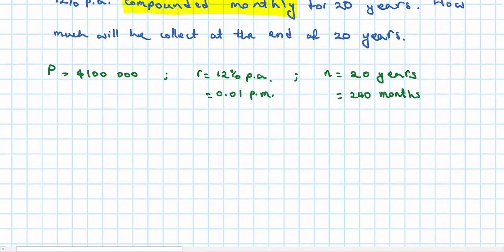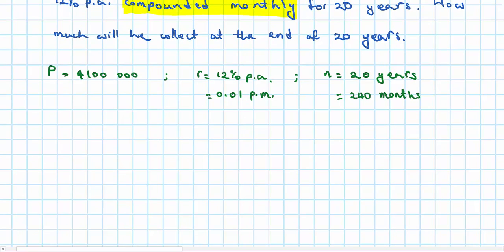Okay, we're going to go 1 month at a time and see how the money grows. So at the end of first month, Frank's going to have his $100,000 still in there, plus the interest that the 100,000 has earned.